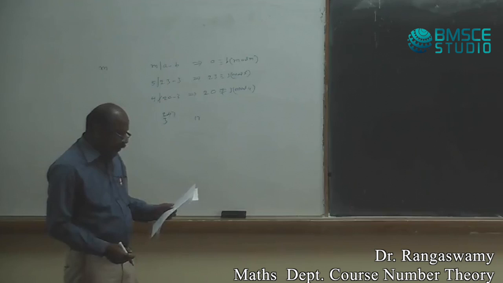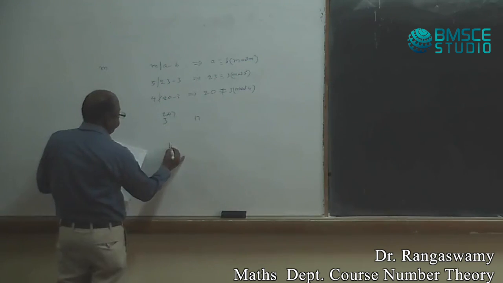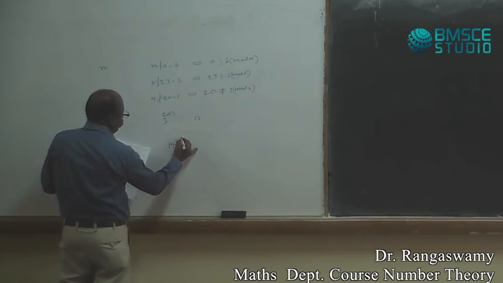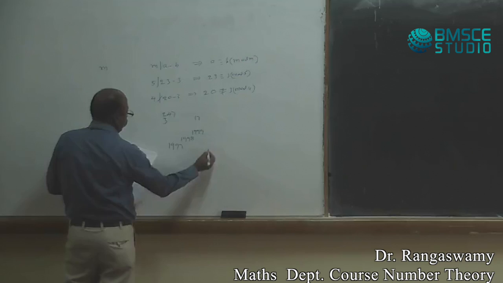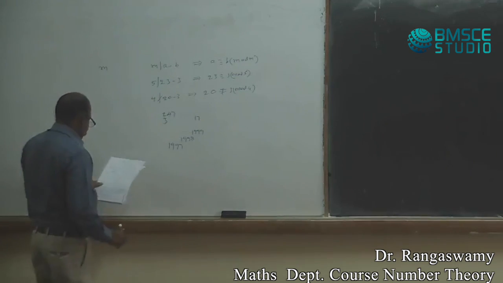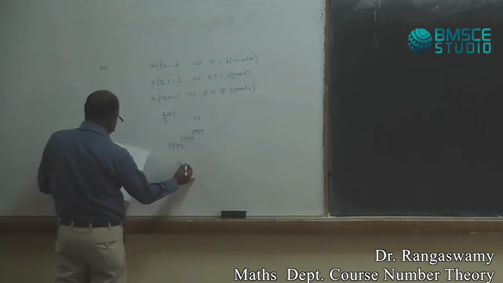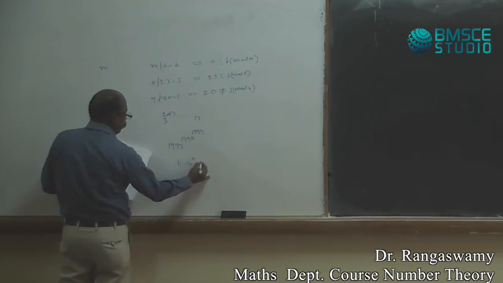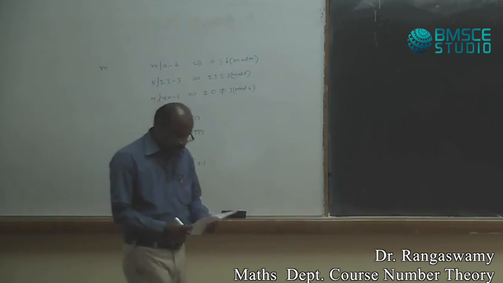Similarly, we can find the last digit in decimal value of 1997 power 1998 power 1999. And also we can determine whether 11 into 14 power n plus 1 is a composite number or not.